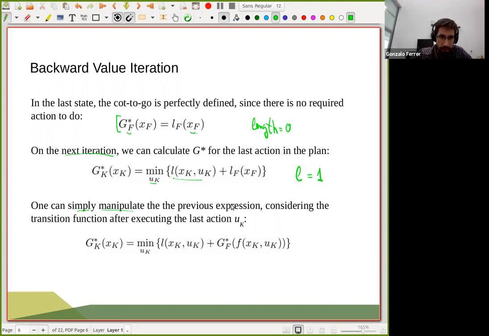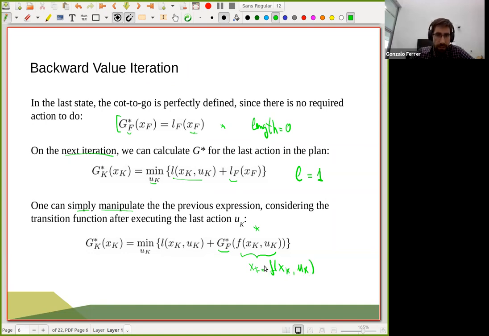What we are changing is that, instead of using the final state, we are substituting this equation here, and we are also making use of the transition function, knowing that xf is going to be the transition from the last state k applying action k, right?